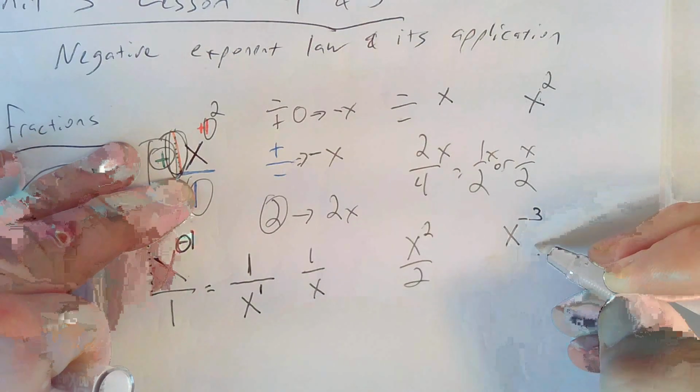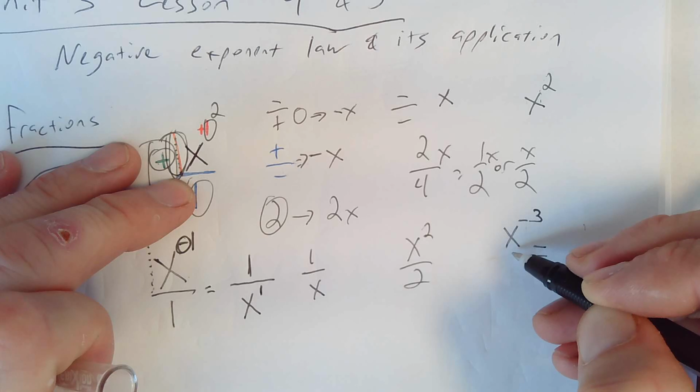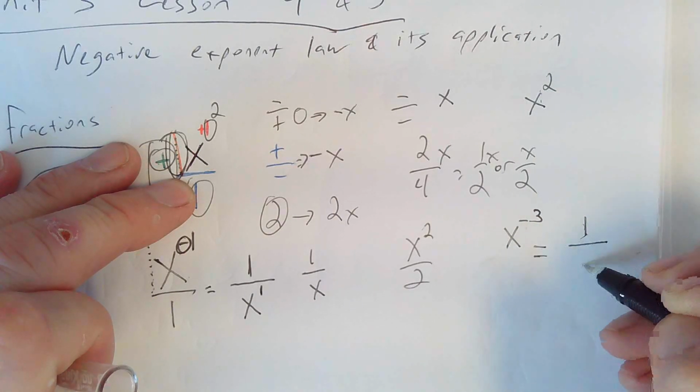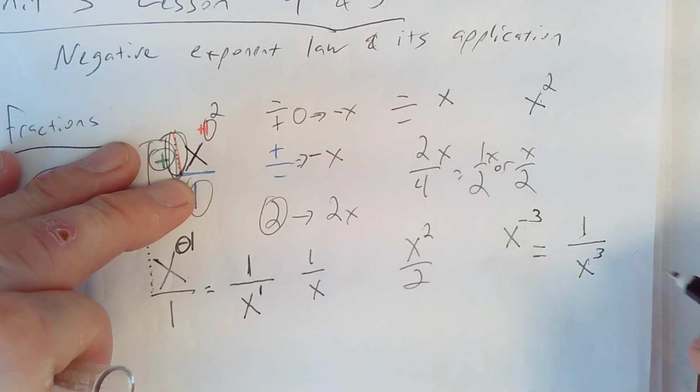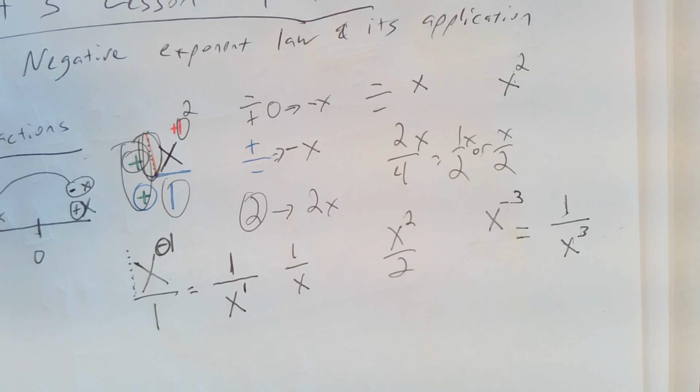So I can be like, oh, well, that is written x to the 3rd, 1 over x cubed, because it's over an invisible 1, right? Because the invisible 1 went to the top, and it inverted the fraction, right? It inverts the fraction, right? That's one way to look at it, okay?